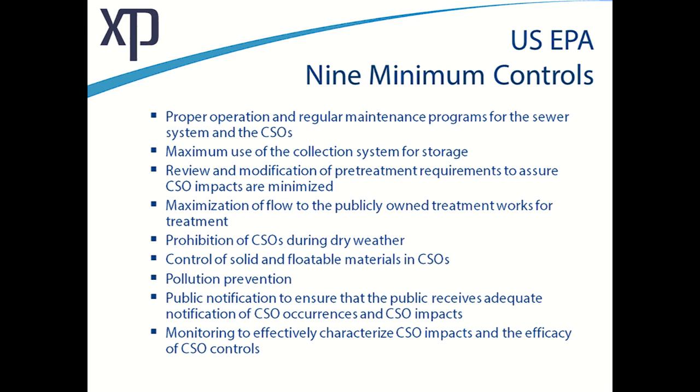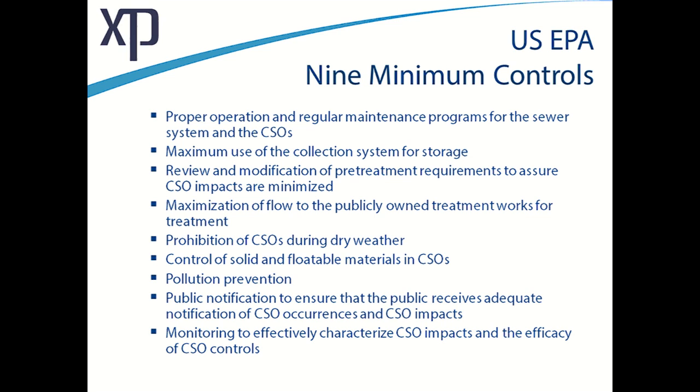We also want to control solids and floatables. So maybe some kind of a vortex separator or some kind of disinfectant could be applied to minimize the impacts to the receiving waters. And that goes right in with the next one, pollution prevention. And finally, we also want to notify the public so they're aware of when these occur and what impacts they might have to them.